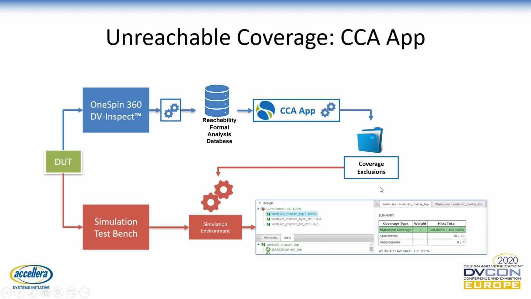If you wouldn't use dead code analysis, then you will try to hit something that is dead. You don't know that it is dead, and you waste a decent amount of time to identify that something is dead. So why not make use of the dead code analysis from formal?